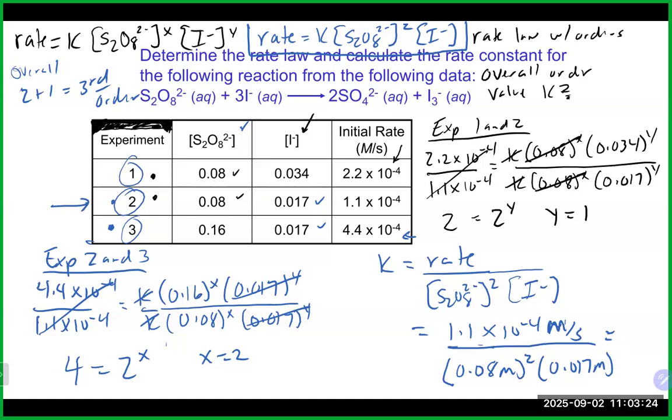That's going to give us, I'll go to the left here, 1.01. In terms of the units, once again, molarity on top and one of the ones on the bottom will cancel. That still leaves us 1 over molar squared seconds, which, as you saw in the previous example, again is typically what we see here with the third order. You can see it's the same sort of units associated with the rate constant.